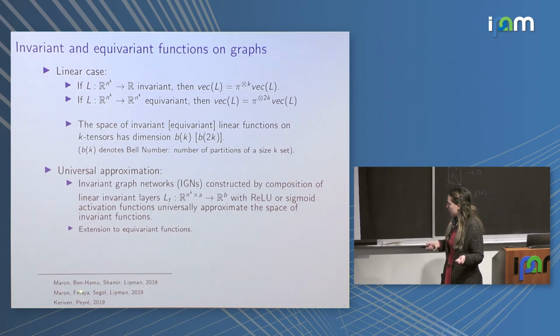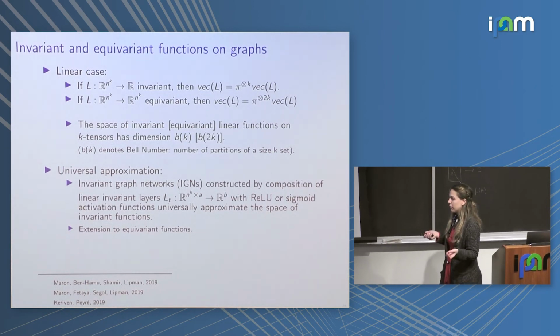This paper by Maron and Lipman and the paper by Keriven and Peyré show that this composition of layers actually universally approximates the space of invariant functions, and they extend that to equivariant functions as well.